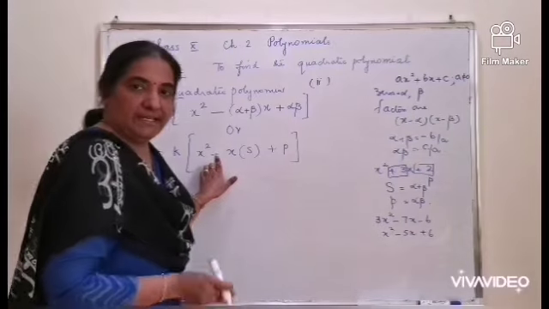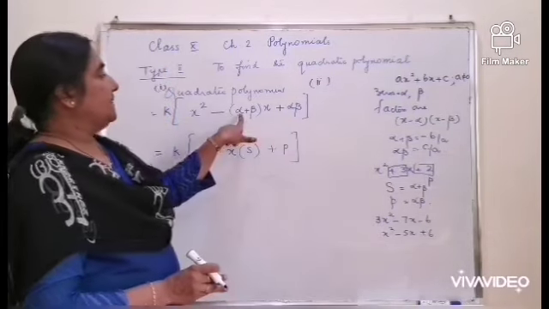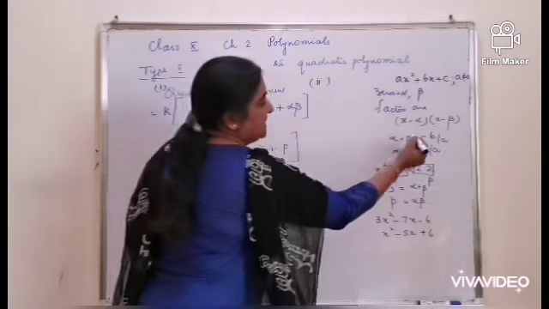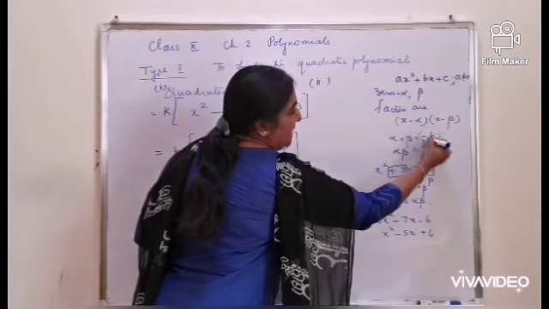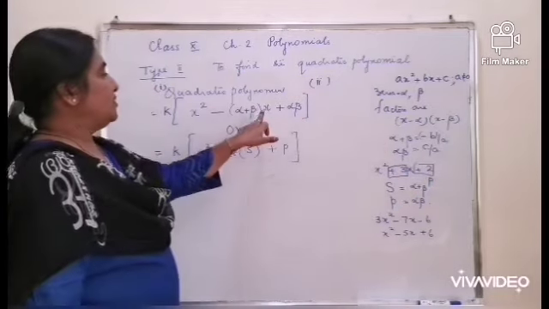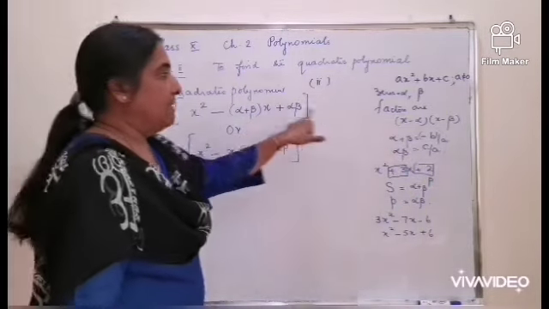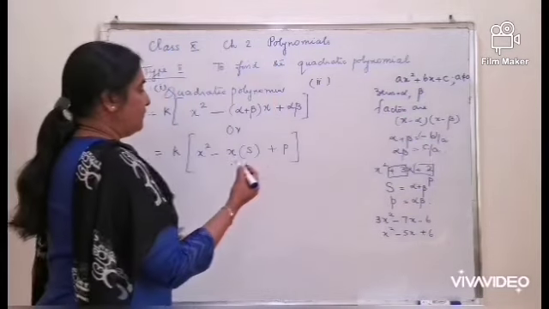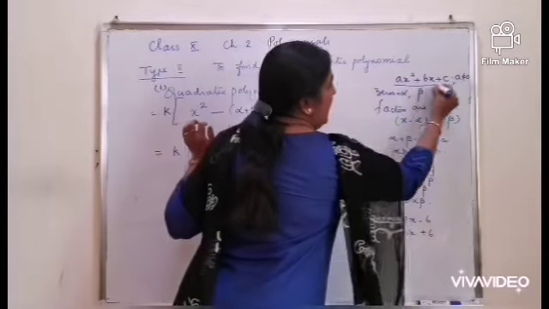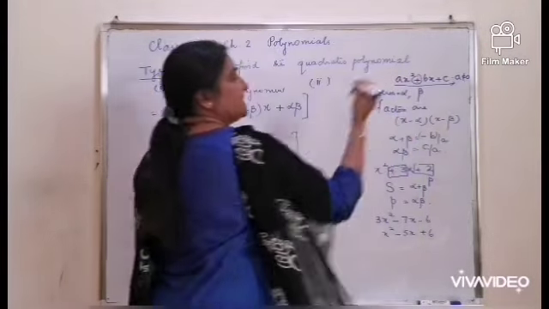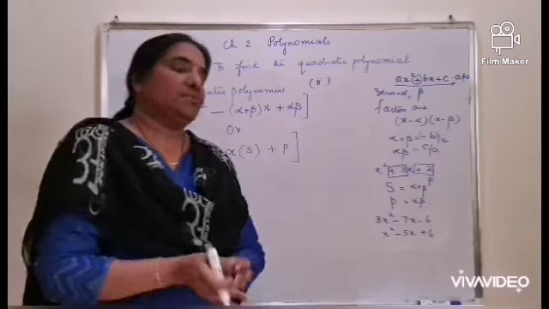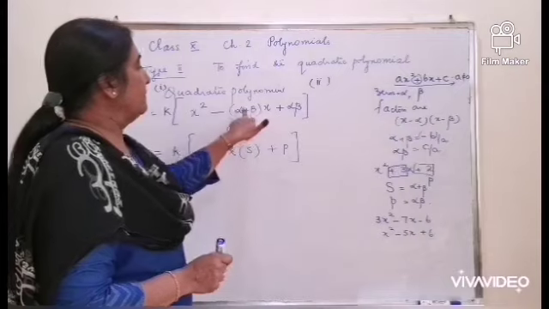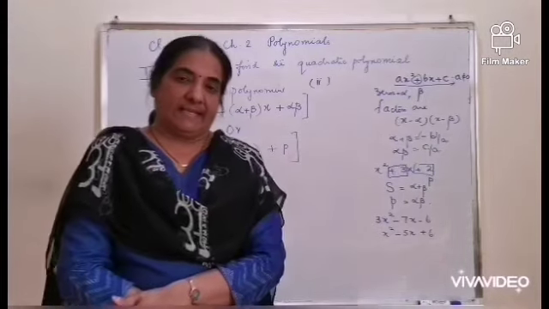Why the minus sign here is, we know that the sum of the zeros alpha plus beta is directly associated with the negative coefficient of x by the coefficient of x square, and the general form is always ax square plus bx plus c. That is why the relation has the negative value of alpha plus beta of x.